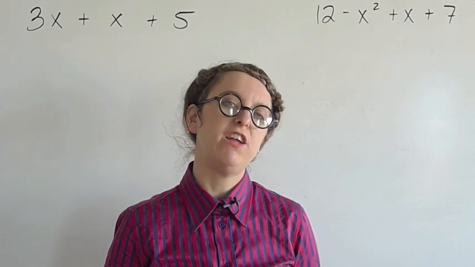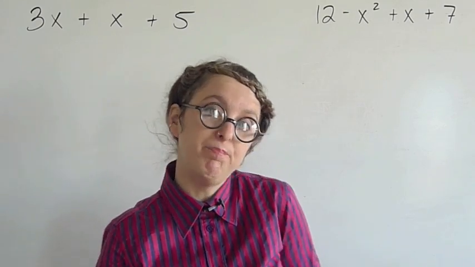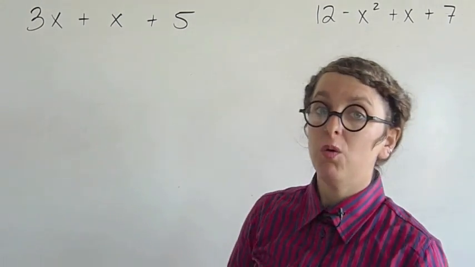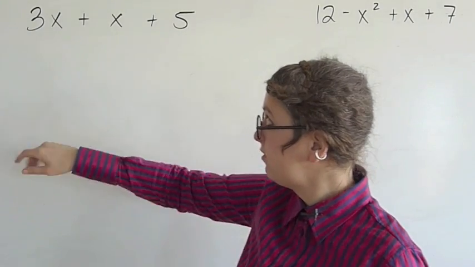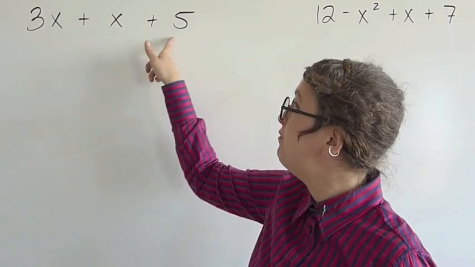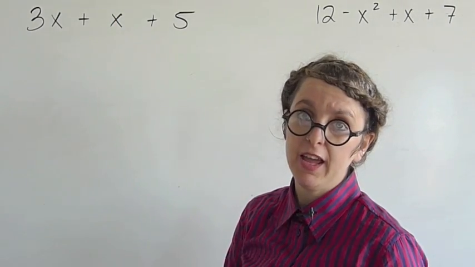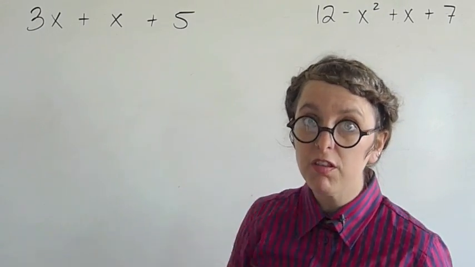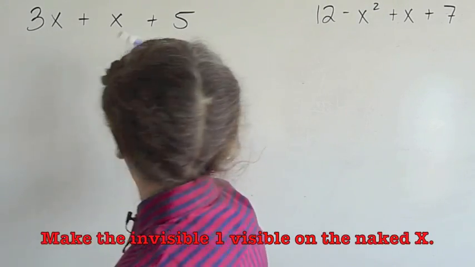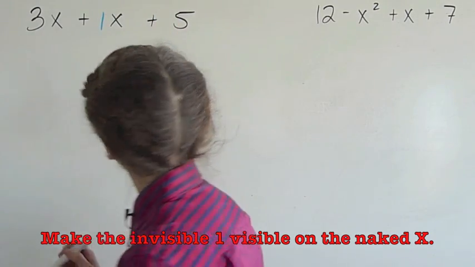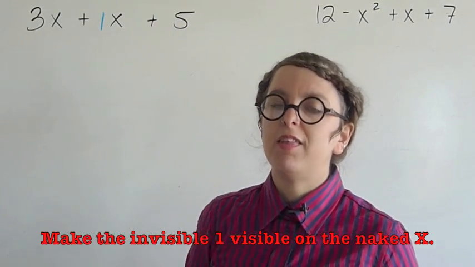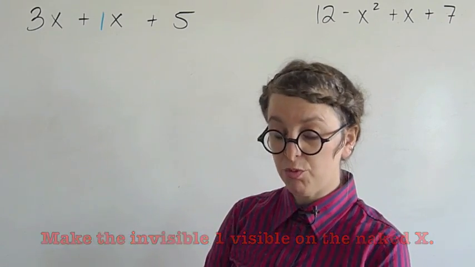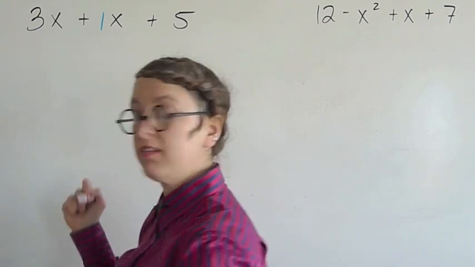Now that you know what like terms are, let's combine some. This problem right here, we got 3 terms, 3x, 1x, and 5. While you're getting the hang of this, it's really important to make those invisible 1s visible. So do yourself a favor and mark in a 1. That gives us a very real 1 to add the 3 to, and we combine 3x and 1x for 4x.